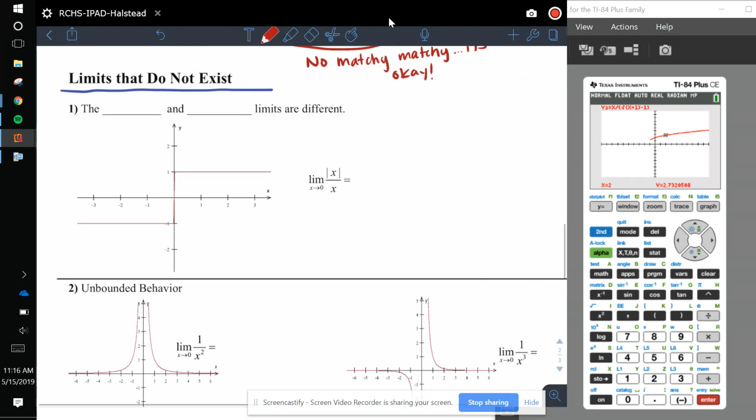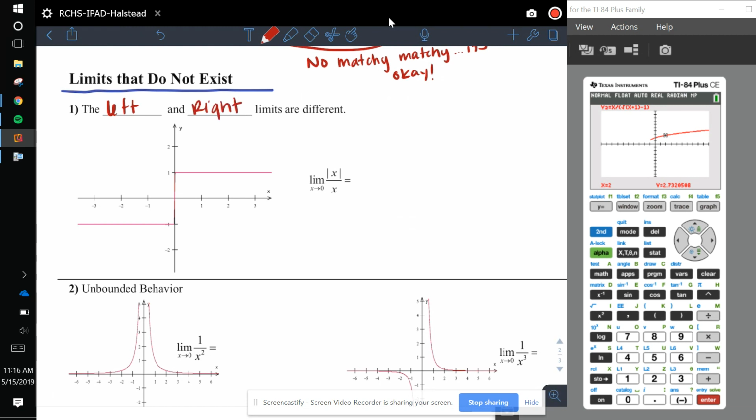Now, when does the limit not exist? The limit does not exist when the left and the right limits are different. Here's the function absolute value of x over x. When x approaches 0, what is happening?